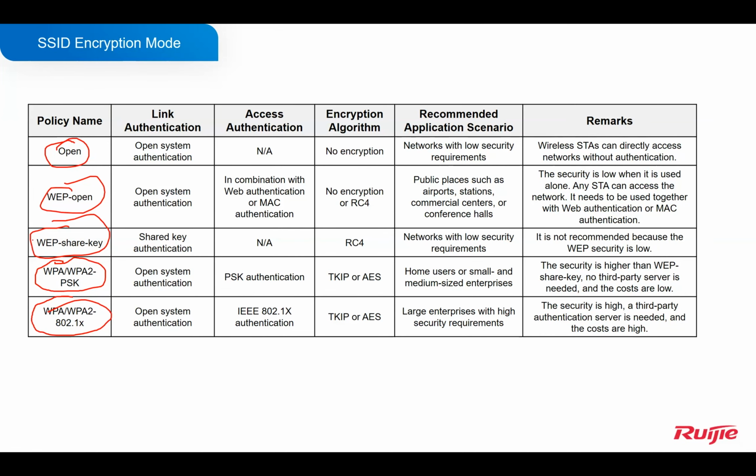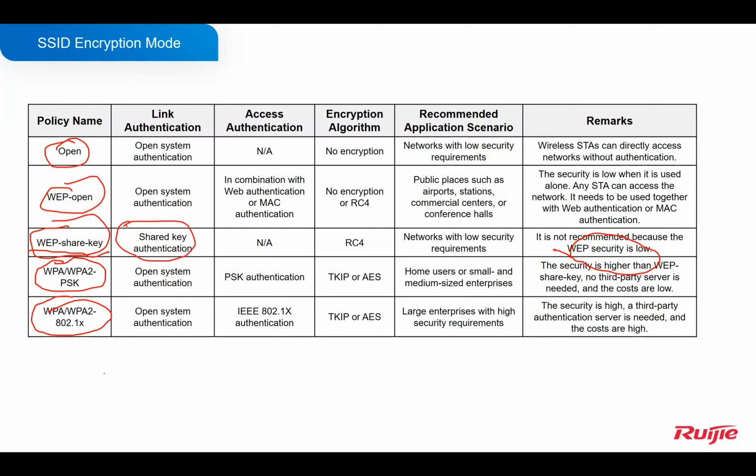The WEP shared key is a kind of encryption way for the wireless network, but because this way is not safe enough, we don't suggest you configure it. Actually, for the customer, it's not safe for our networks. We use the shared key authentication to do the encryption.